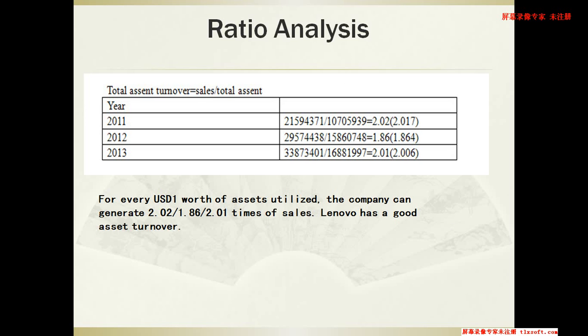In 2012, they only have 1.8486, and at the end of 2013, they come back, and we can consider that maybe in future, Lenovo will become better in this ratio, and Lenovo has a good assets turnover.